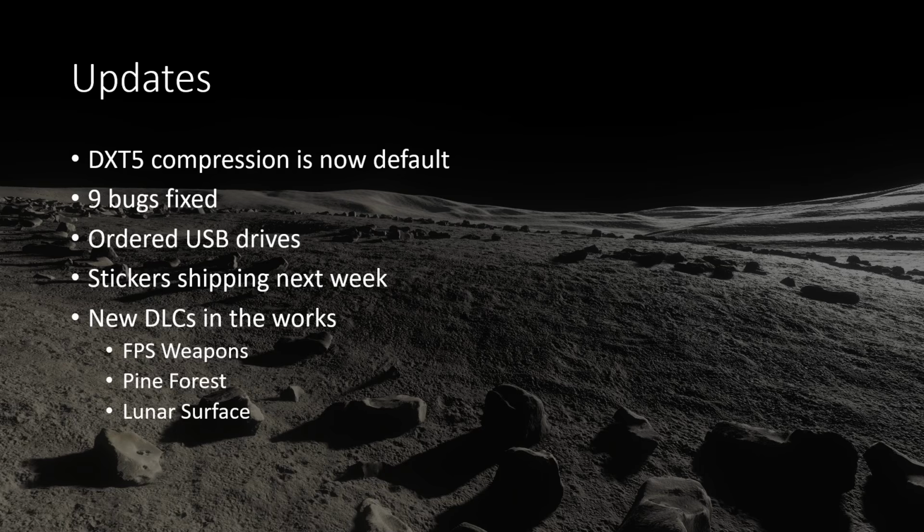For most people, I think they're just going to be happy with DXT5, and most people aren't going to understand or care about the difference between that and BC7. To me, it's a big deal, but I think most people won't really care.